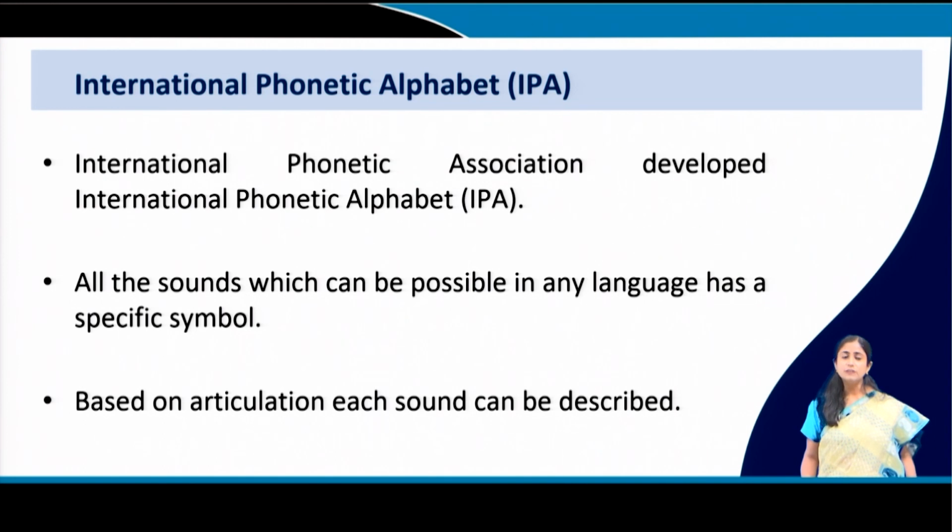There is a set of certain symbols and each symbol stands for one sound. There can never be variation in that. We can never say that this symbol can stand for sound A and sound B both. It will always stand for one particular sound. So, each symbol is unique to that particular sound.